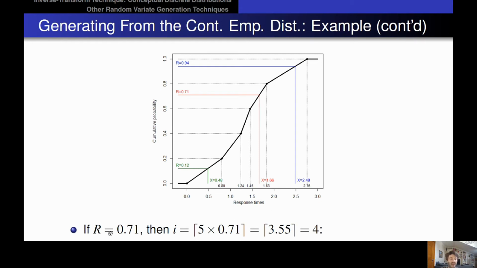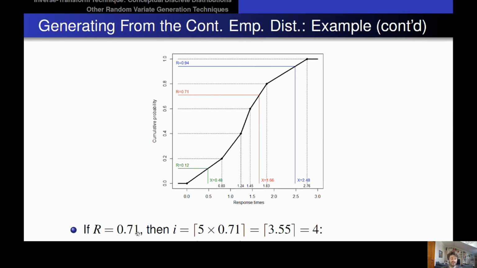See that my first random number, 0.71, produces an index equal to 4. 0.71 is between 0.6 and 0.8. It is in the fourth equidistant interval of the random numbers. So this is my fourth interval, right? 1, 2, 3, fourth interval. So basically this operation here is determining the interval here.